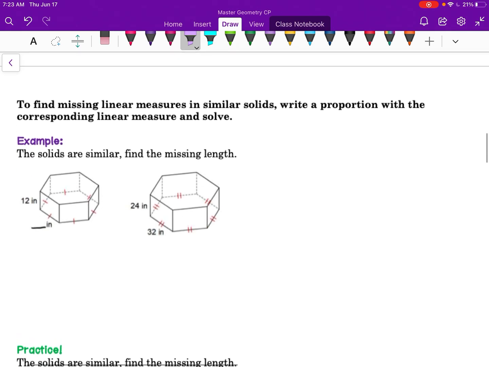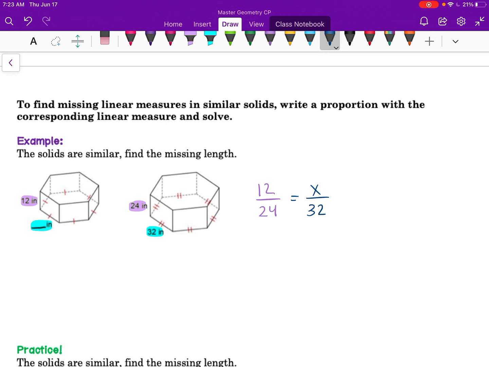To find missing linear measures in similar solids, we want to write a proportion with the corresponding linear measures and solve. So my heights, first I have 12 and 24. And then my side lengths, I have x and 32. So now that I have my proportion set up, I can cross multiply.